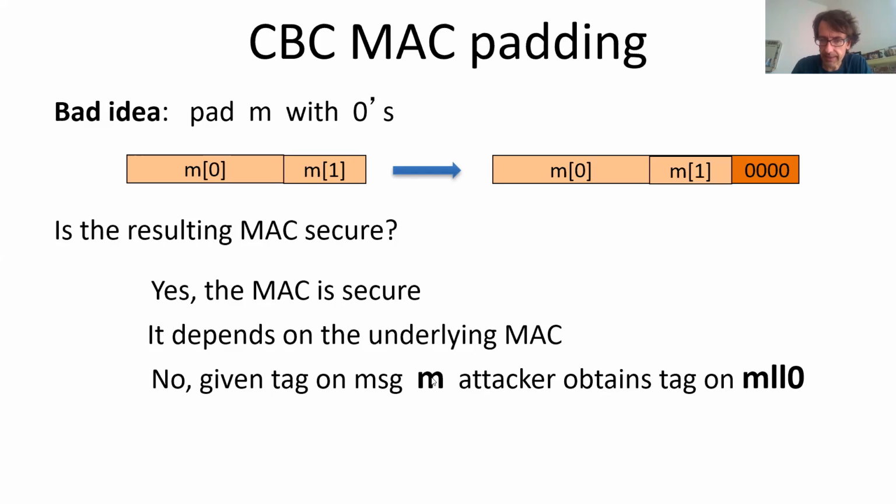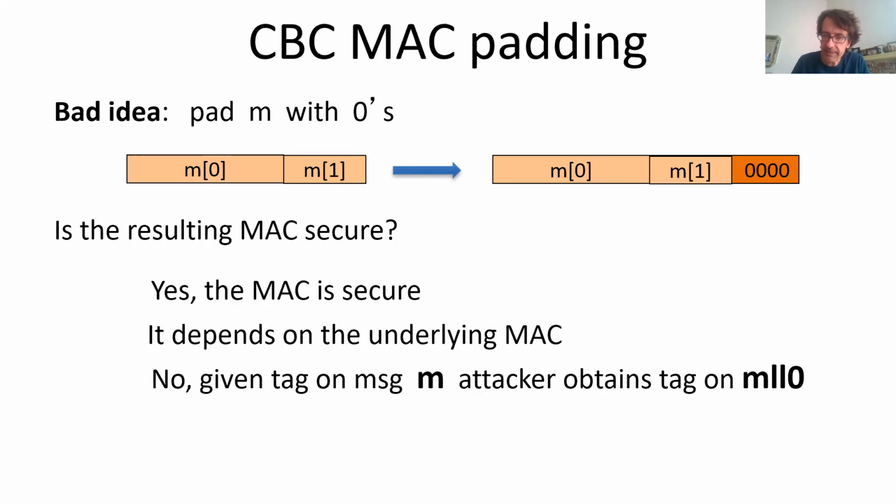Let's say the attacker asks the application to MAC M, and it forges because the same MAC also works correctly on M followed by a 0. In many applications, adding extra zeros to a message perhaps is not going to constitute any attack, but in other applications it might.